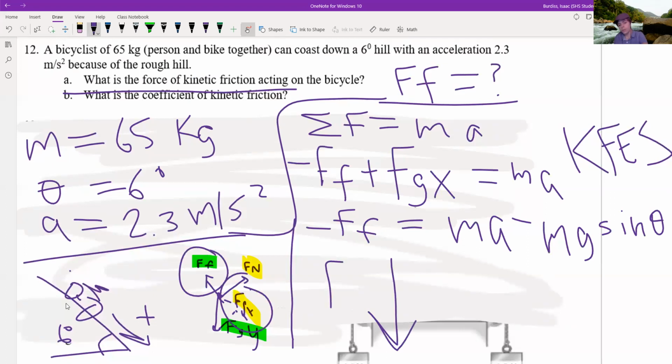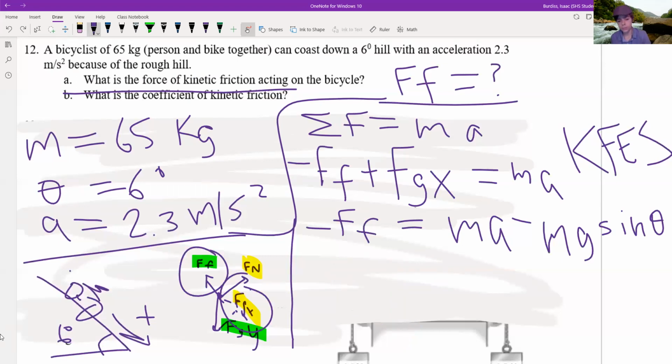We have FG, and if we're trying to find the X component, that would be sine, because this is adjacent to the FG. Usually it's cosine because usually we're doing something that's horizontal, but FG is vertical. So remember that, it's opposite of what you think.